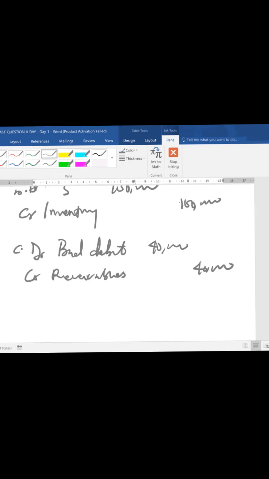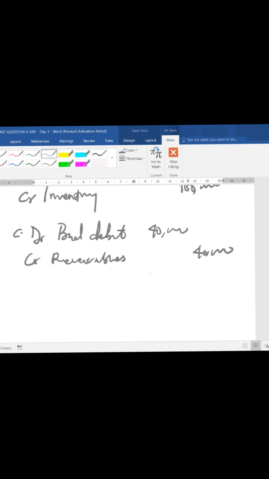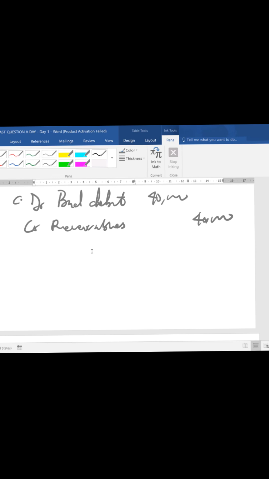Then we are done. So the first one has been resolved. We are now entitled to our 4 marks as indicated by the examiner.